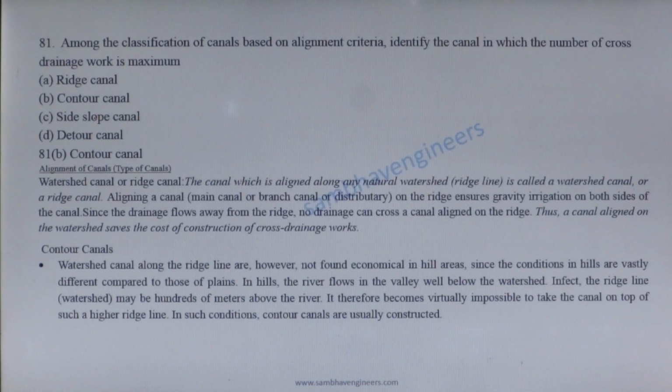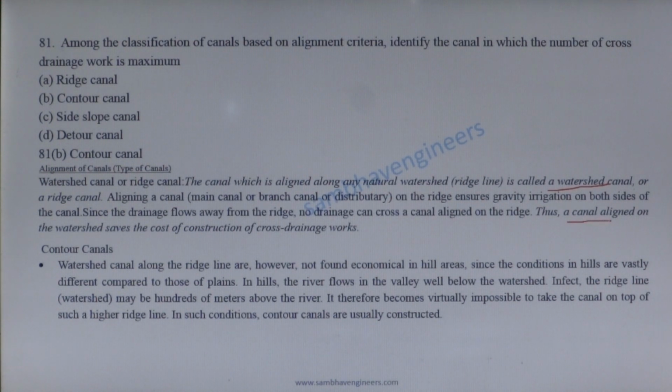Next question. Among the classification of canals based on the alignment criteria, identify the canal in which the number of cross drainage works is maximum. Ridge canal: the canal which is aligned along any natural watershed is called watershed canal.